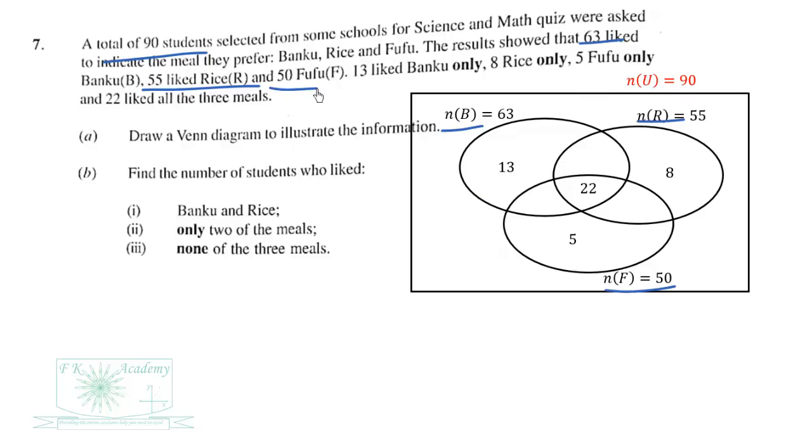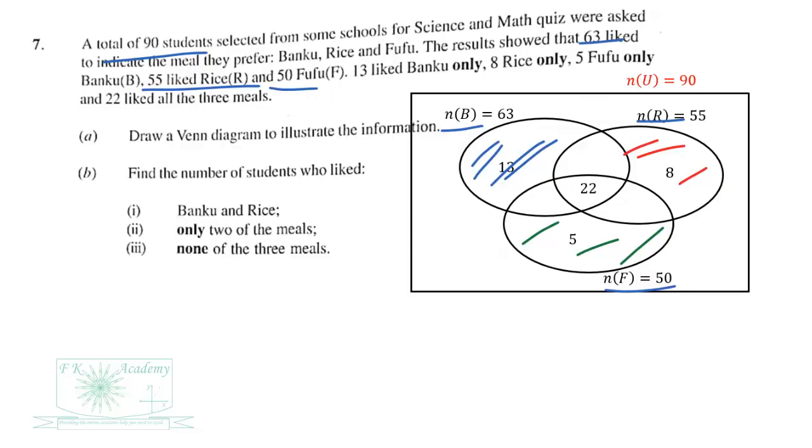Those who like banku only is this region here. And those who like rice only is this region here. And those who like fufu only, this region here, they are 5. Then those who like all the 3 meals are 22 in the middle here. We can see that.